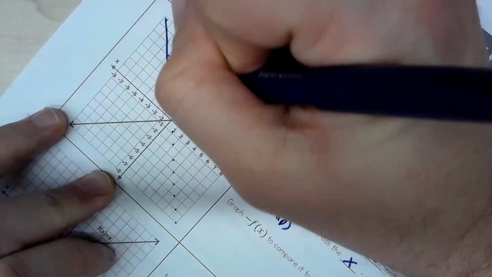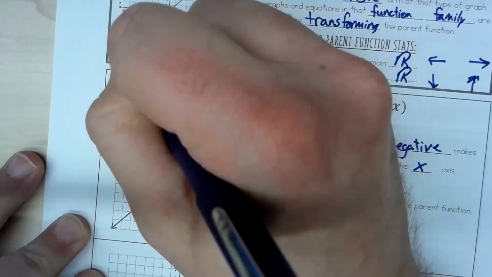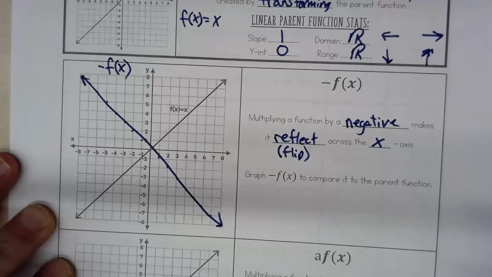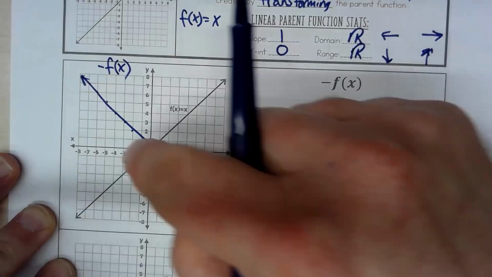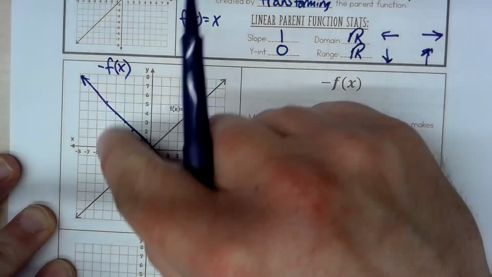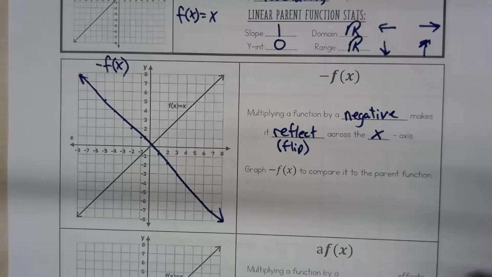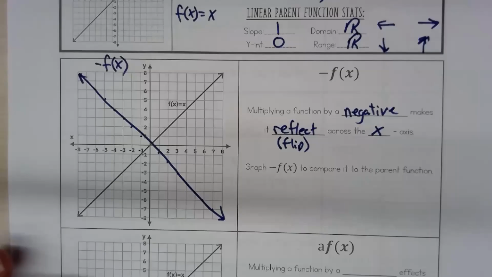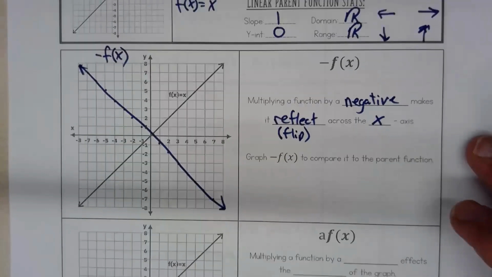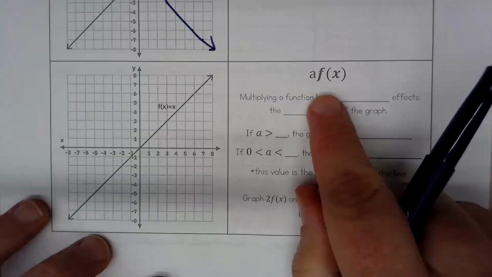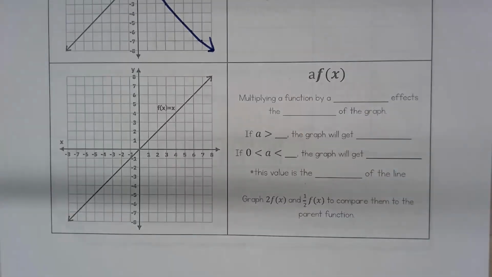So negative f of x is just the same exact line, just everything is flipped over the x-axis, right? Instead of 4, 4, now it's 4, -4. Instead of -5, -5, now it's -5, +5. So everything just got flipped over our x-axis. Well, that makes sense. When we have a negative slope, it goes down. All right, makes sense. So now let's see what happens when I multiply a number times f of x.